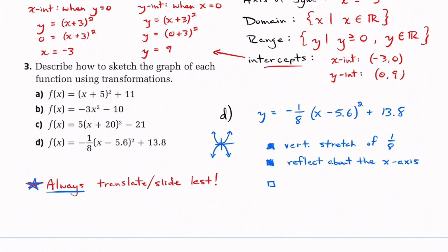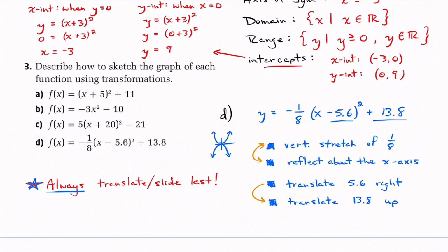Then we can do our translations. So we said we had this 5.6 here, so that is going to translate it right, 5.6 units. And then the last one, this 13.8, that's going to translate it upwards, 13.8 units. Okay, so these two have to go first. It doesn't matter the order of those two, they could be switched. And then the translations or the slides have to go last, and the order of those don't matter either.